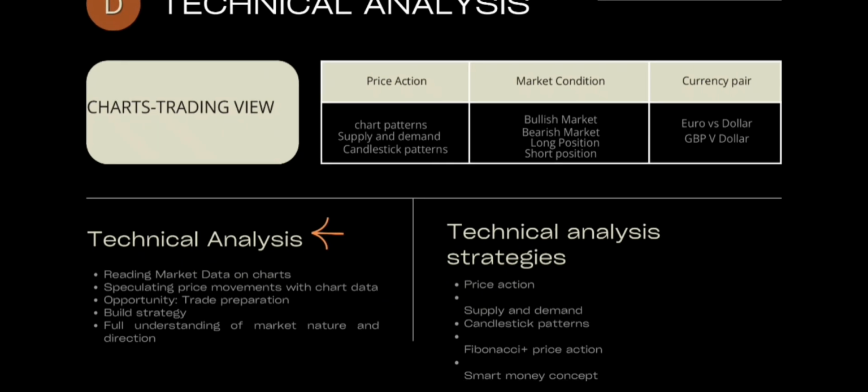Technical analysis as well: reading market data on charts. Once again, chart patterns, supply and demand, and the trend and behavior of the markets will all be found on the charts, which we're going to shortly move into. Speculating price movements with chart data, we're going to look at how the price moves with the information that we get from the charts.